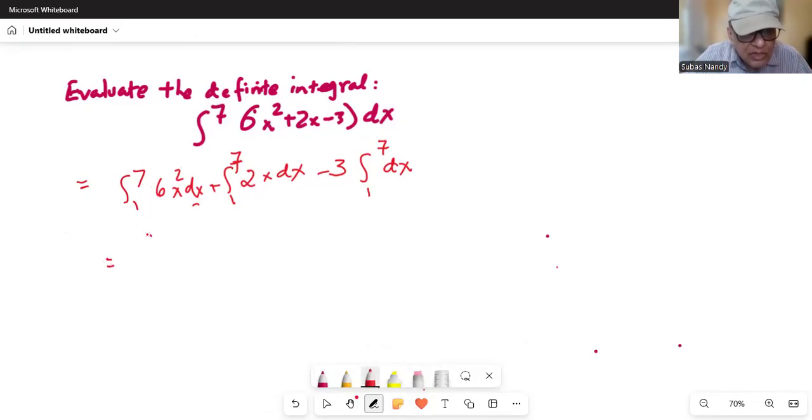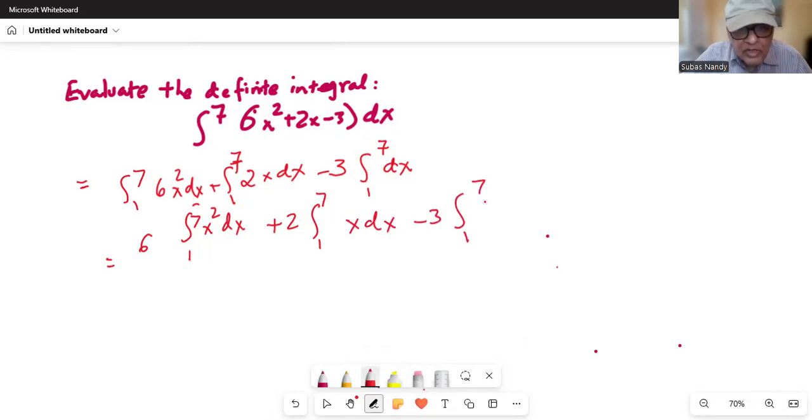Okay, so let's integrate it. As you know, 6 being a constant, it will come outside. And we have integration from 1 to 7 x squared dx, plus 2 will come outside being a constant, 1 to 7 x dx, minus 3 integration from 1 to 7 dx. Now integration of x squared, as you know, the x exponent increases by 1 and we divide by the same number.